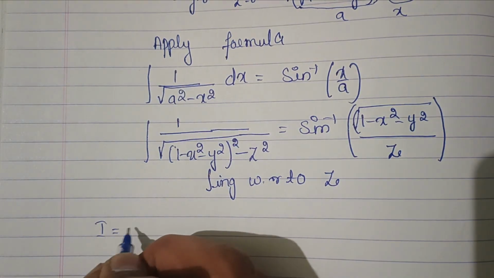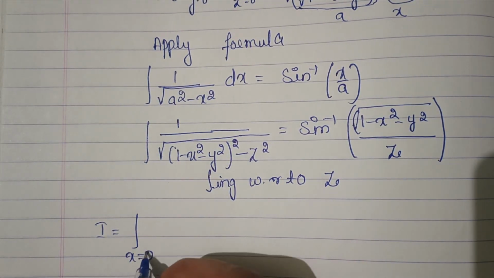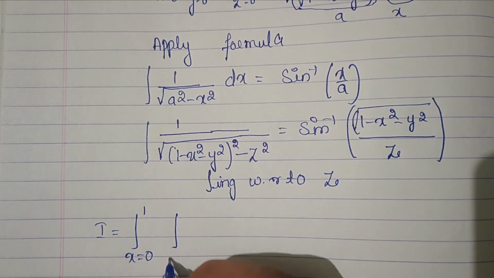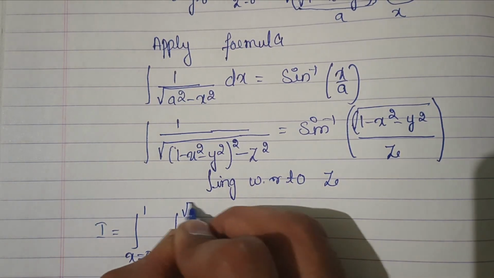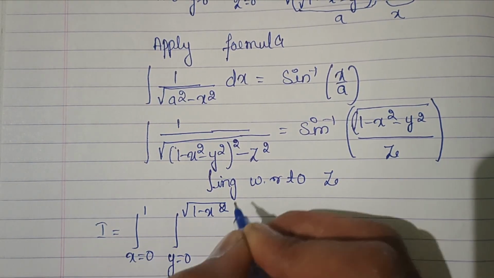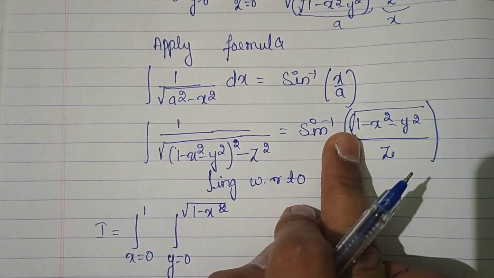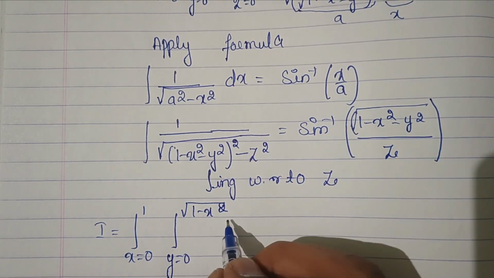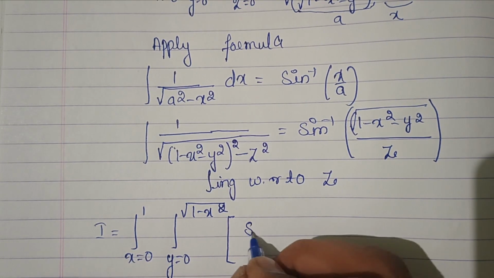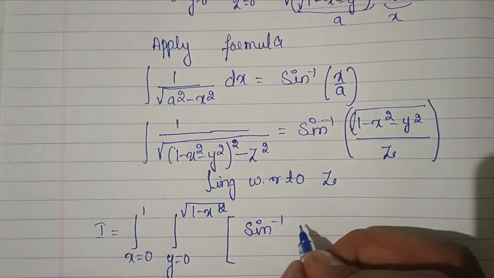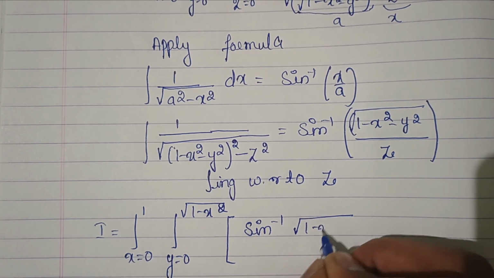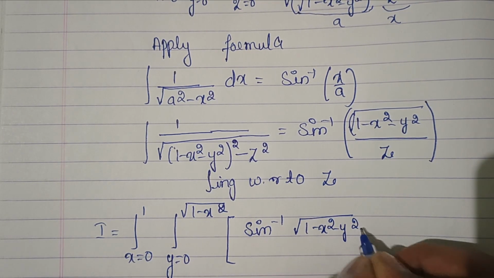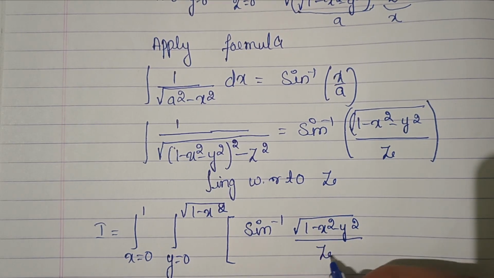So when integrating with respect to z, what do we get? I is equal to integration of x is equal to 0 to 1, integration of y is equal to 0 to root of 1 minus x square. So what formula do we have now, that is integrating with respect to z only. So we can write here sine inverse of z divided by root of 1 minus x square minus y square.